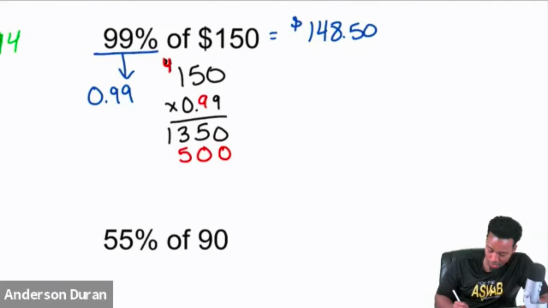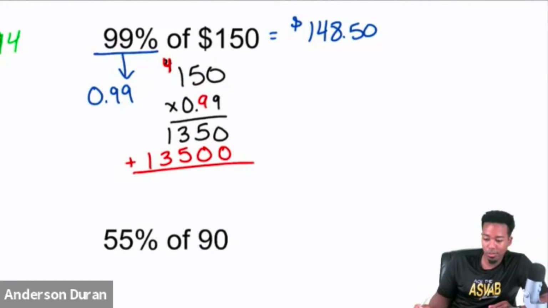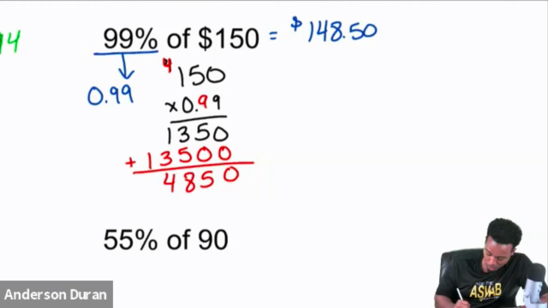Then 1 times 9, 9 plus the 4 is 13. So far, I don't think I made any mistakes. Now 0 plus 0 is 0. 5, 8, 4, and 1. We move the decimal place over 2 times, so we'll bring it back 2 times. So what we get, everybody, is $148.50. Is that the correct answer?